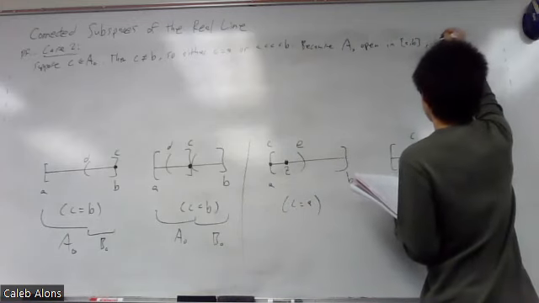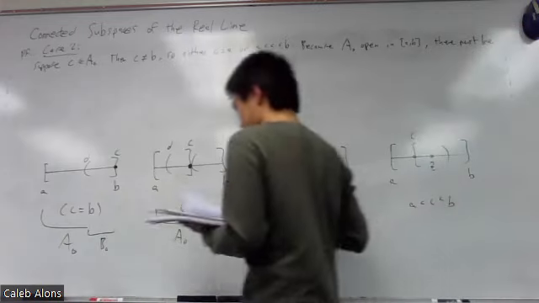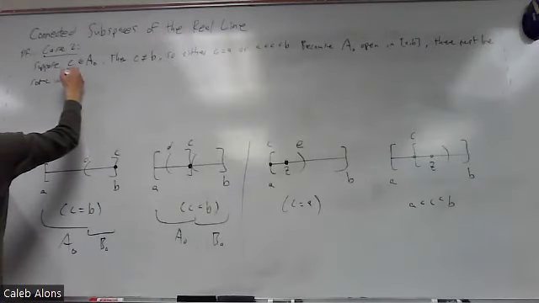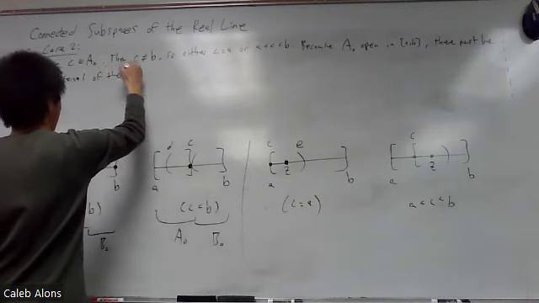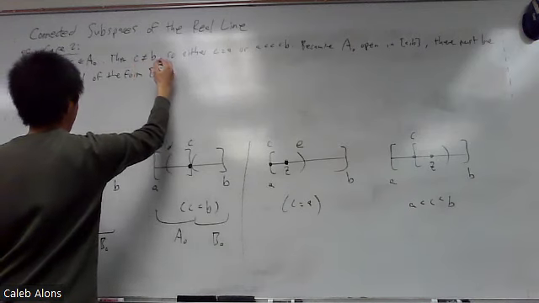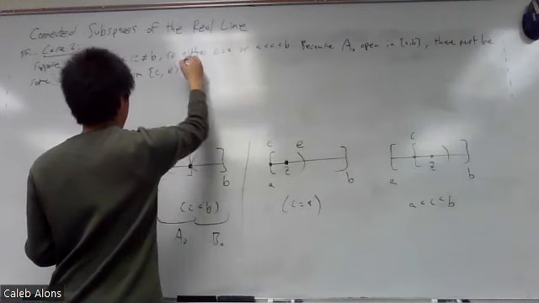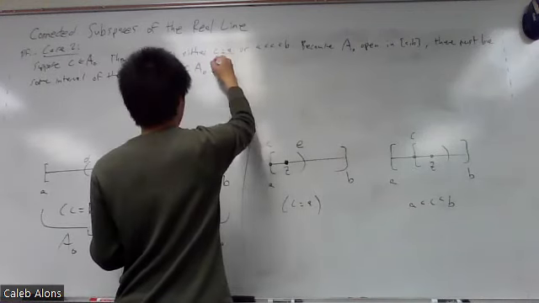Then there must be some interval of the form where we start at C and it goes up to E, which is a subset of the bottom part of the separation.